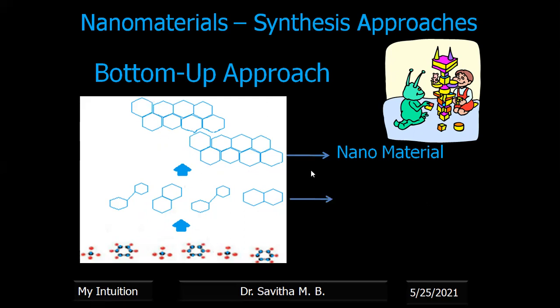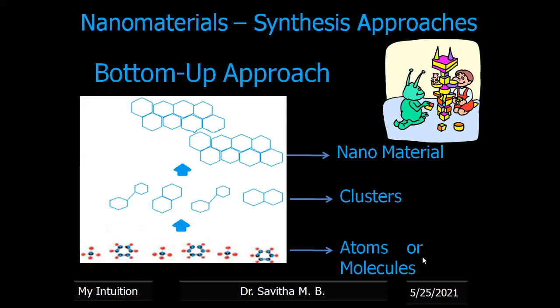Now for preparation of nanomaterials, first clusters are formed. Initially, atoms or molecules are taken. They come together to form clusters, and clusters come together to form the nanomaterial, and this is in the nanoscale. We should understand that nanomaterial does not mean a single atom or single molecule.